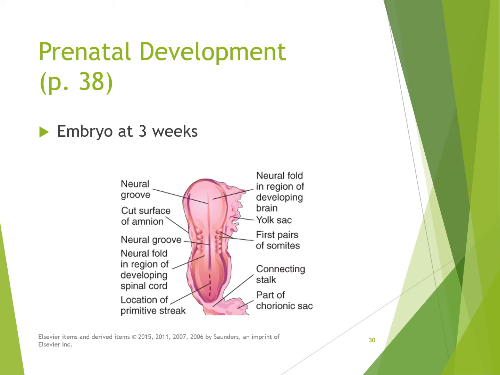Here's your embryo at 3 weeks, okay? And that is on page 39 in your book. As you can see, it has the neural groove, and this is where a lot of stuff happens at 3 weeks. It's where first pairs of somites, the yolk sac, just a lot is happening at 3 weeks gestation.